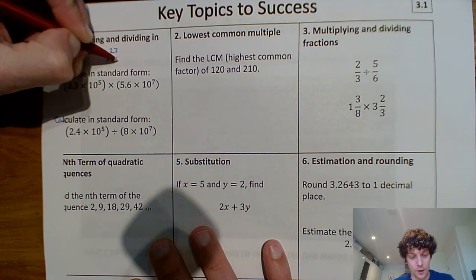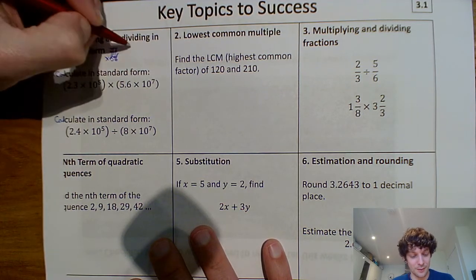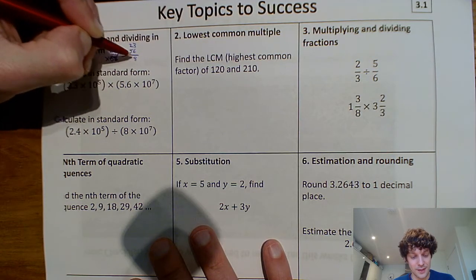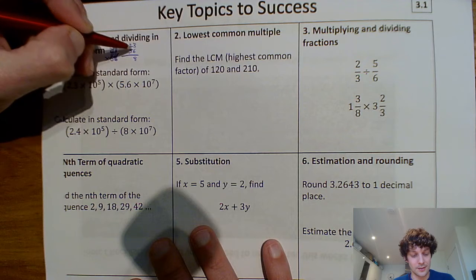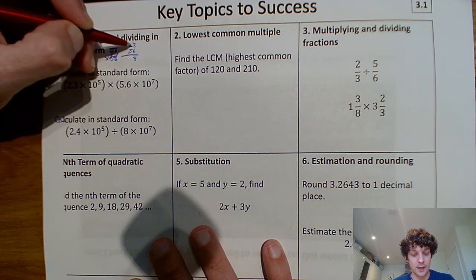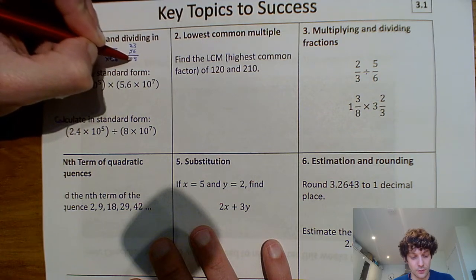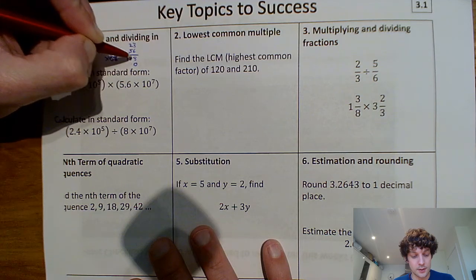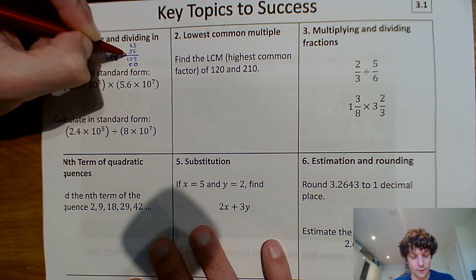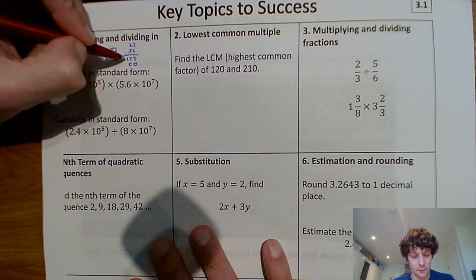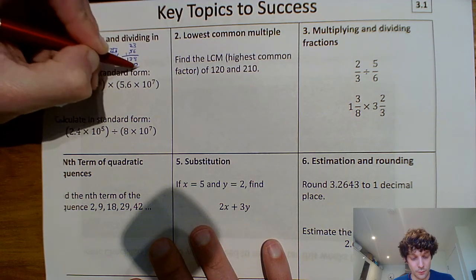So I'm going to do 23 times 56. I need to give myself a little bit more space. So 6 times 3 is 18. I've got a 10 to carry across. 6 times 20 is 120, plus the 10 is 130. 50 times 3 is 150, so I've got 100 to carry across, and then 50 times 20 would be 1000 plus this 100, so 1100.